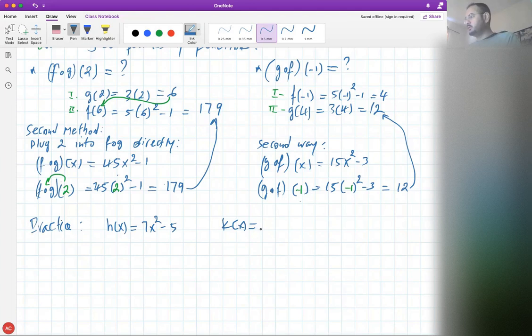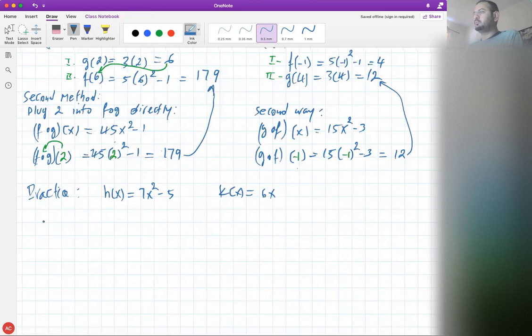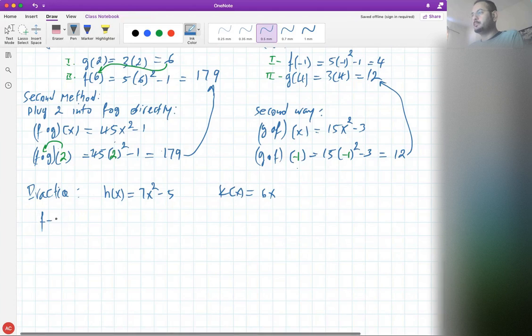And the other one could be, for example, 7x. So first find f plus g of x, or minus instead, not f and g, but h and k.